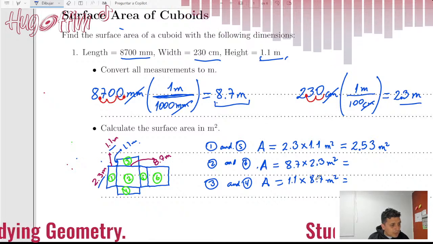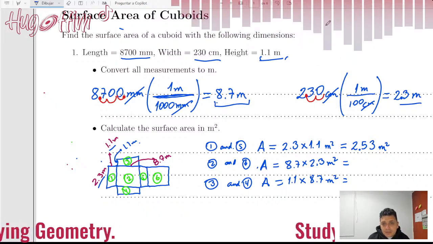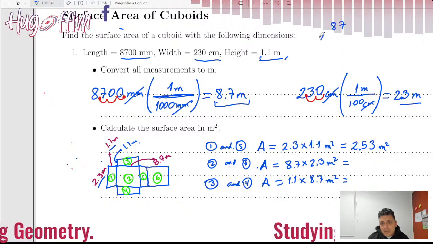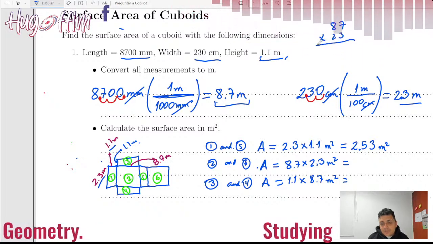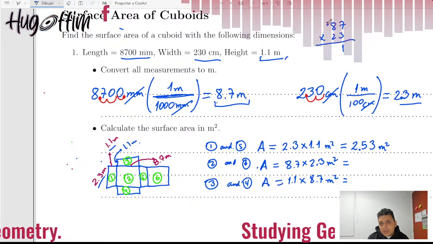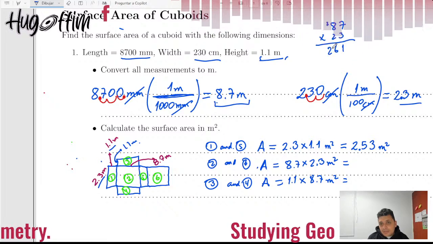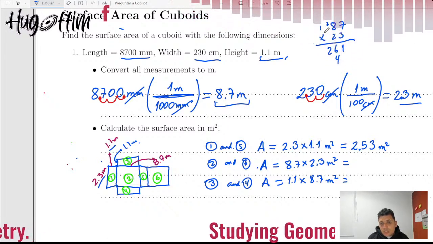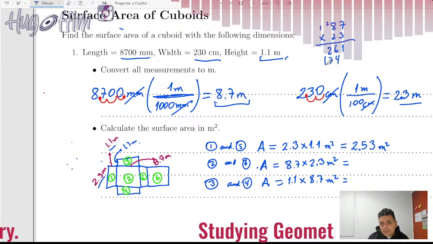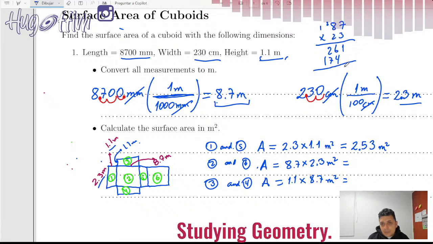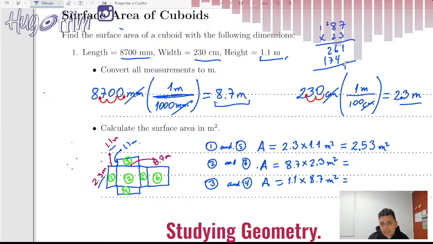So I'm going to multiply in another place very quickly. So 8.7 times 2.3: 3 times 7 is 21, 2, 3 times 8 is 24, and 2, 26. 2 times 7 is 14. 2 times 8 is 16, and 1, 17. And now add 1, 6, and 4, 10.